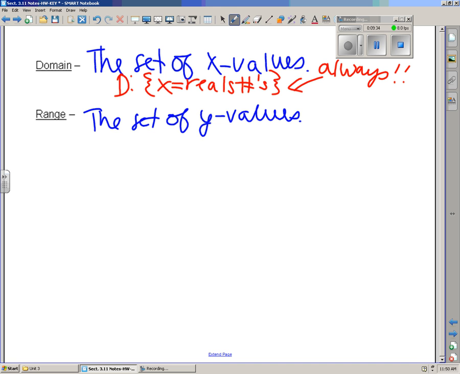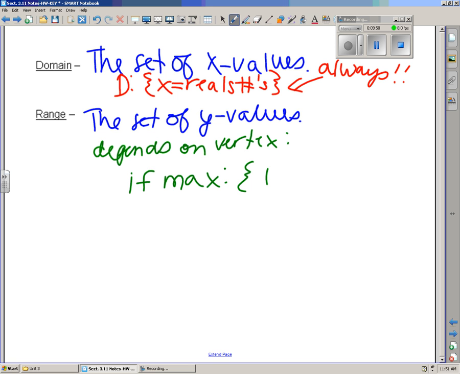Okay? The range depends on your max or min. So the range depends on the vertex. If max, your range is going to end up being y is less than or equal to the y coordinate of the vertex.